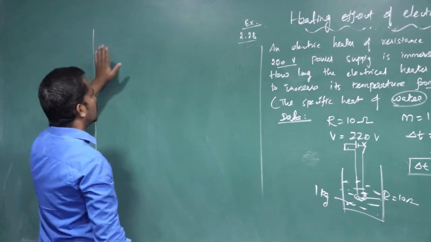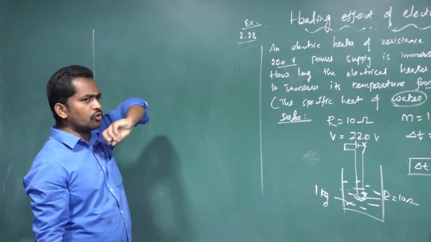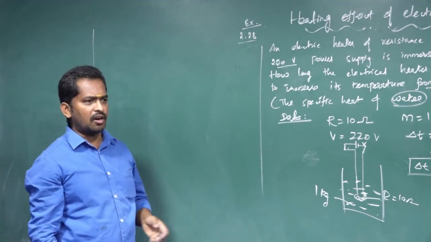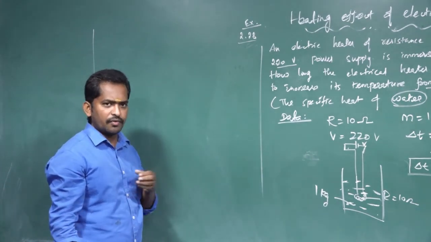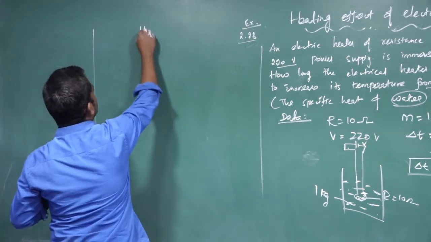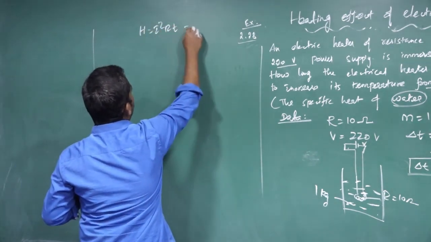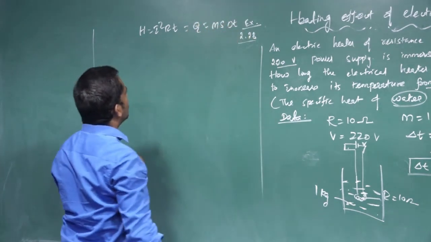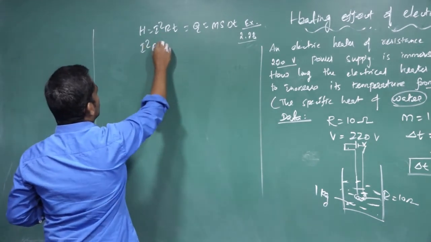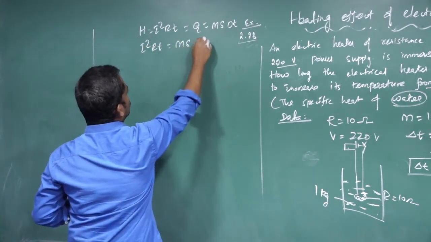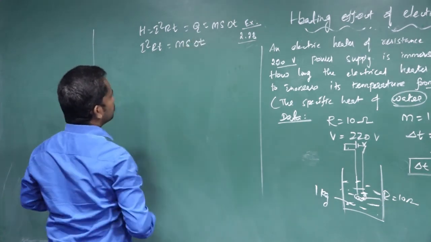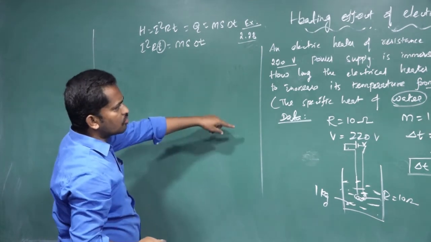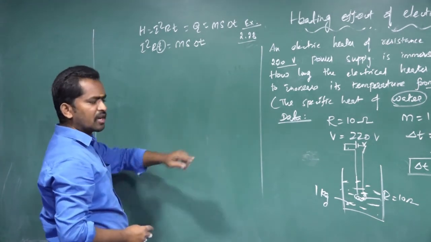You know well, according to thermodynamics, the heat energy produced in the water heater is equal to the heat energy absorbed by the water, which means the law of conservation of energy. Based on this equation, H is equal to I square RT, which is equal to Q, which is equal to Ms into del T. So I square RT equals Ms into del T. I want to calculate this time period, how long the electrical heater has to be switched on to increase the temperature.